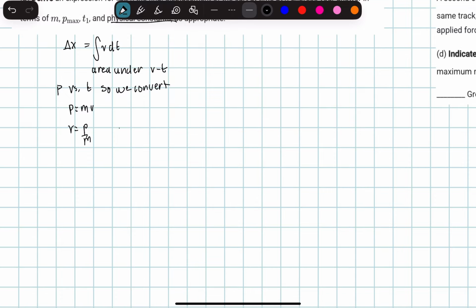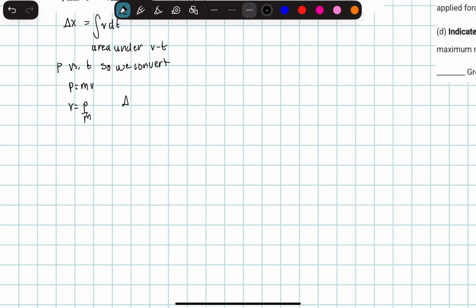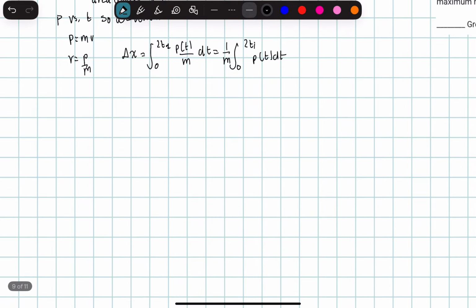That means we can rewrite delta x as the integral from 0 to t1 of p of t over m dt, which is equal to 1 over m times the integral from 0 to t1 of p of t dt. So what we need is the area under the momentum time graph.